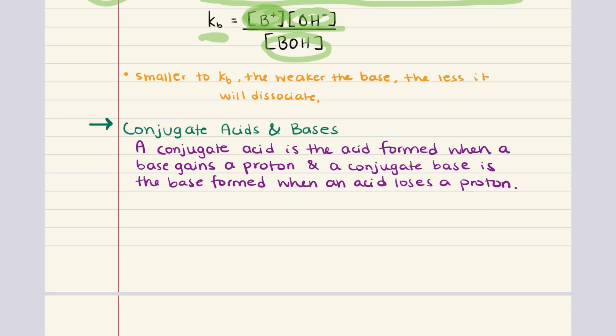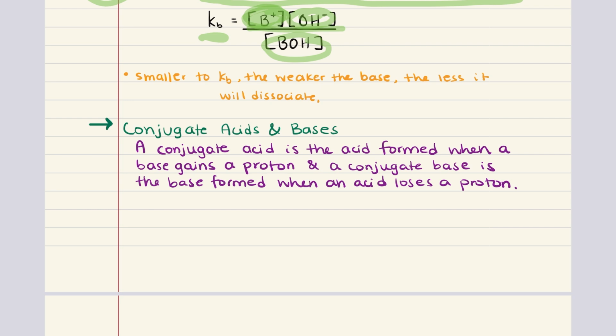When an acid donates a proton, it forms its conjugate base. On the other hand, when a base accepts a proton, it forms its conjugate acid. This proton transfer process highlights the dynamic equilibrium between acids and bases.